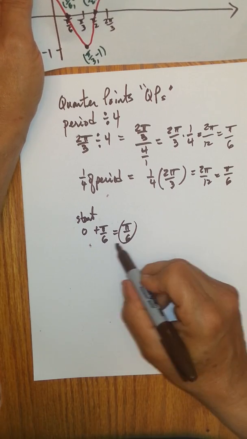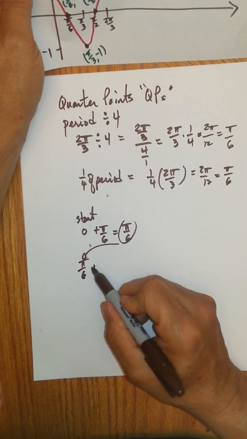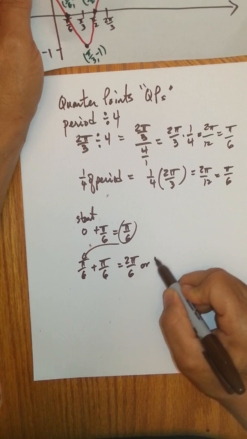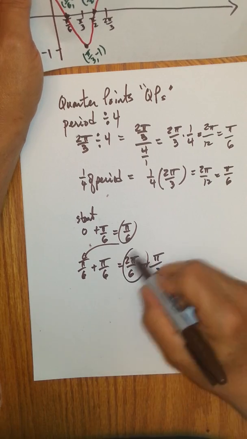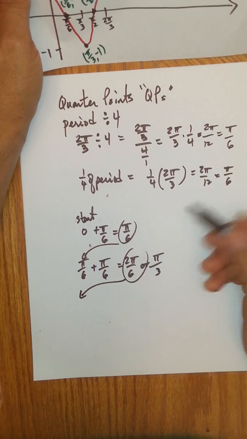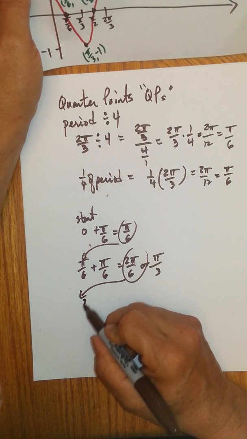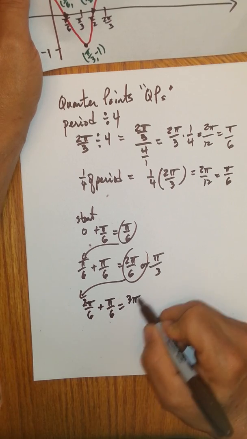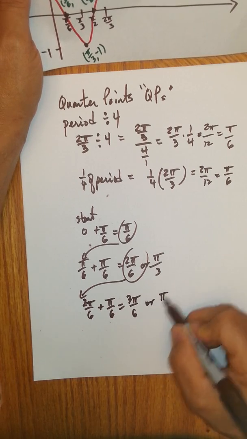Then I take this value and say π/6 plus another π/6. That's 2π/6, or π/3. Then I take this. I keep it in π/6s because that's what I'm adding as 1/4 of the period. So 2π/6 plus another π/6 is 3π/6, or you could say π/2.